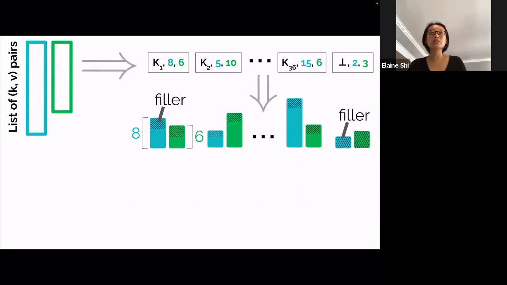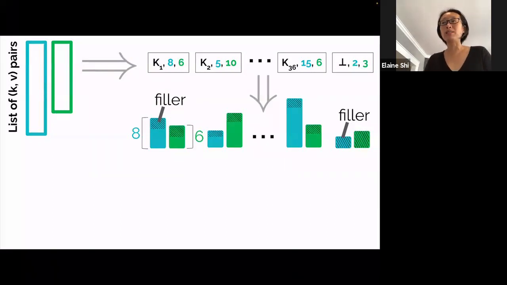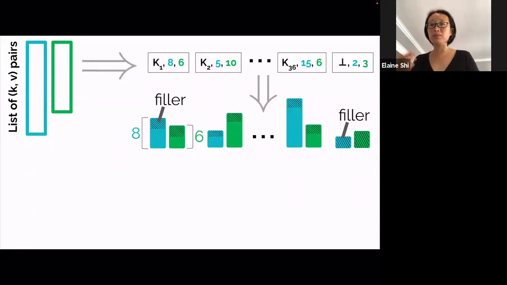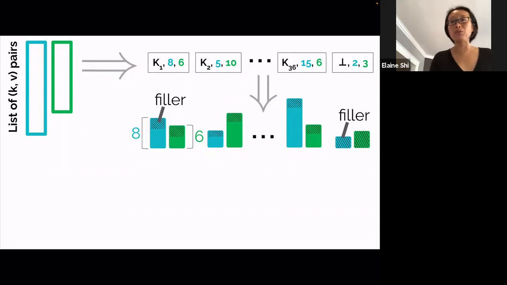Next, we want to arrange the items in the input tables based on their keys. For example, for the first key K1, the blue bin stores items coming from the blue table with the key K1, padded with filler entries to a total capacity of 8, where 8 was the noisy count we wrote down earlier. The shaded area means filler entries in this picture.